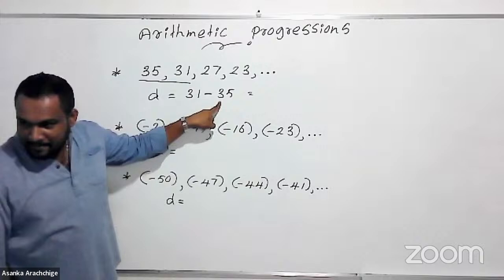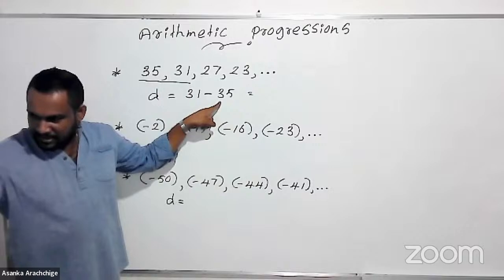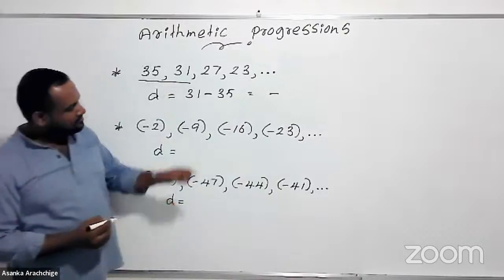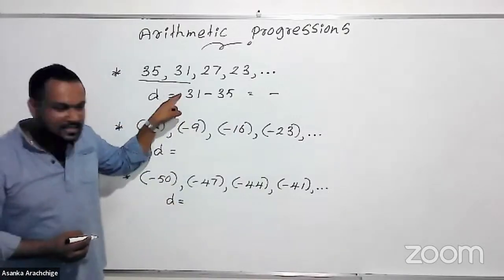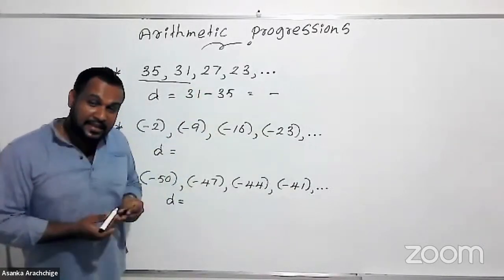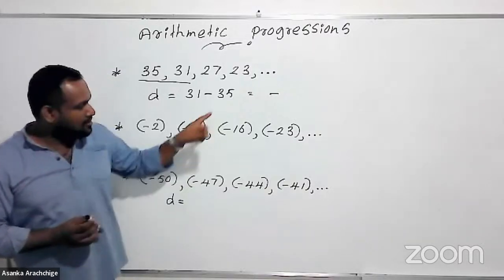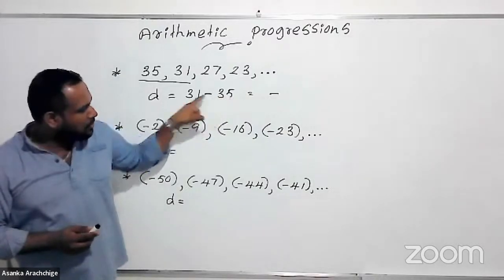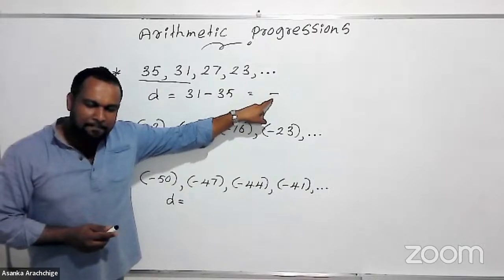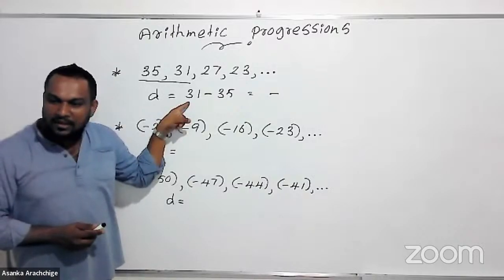They are of different signs. When the signs are different, how do we decide the sign of the answer? The sign of the bigger number. 35 is bigger than 31. Therefore, sign is minus.